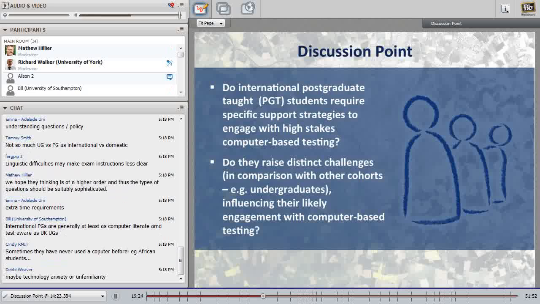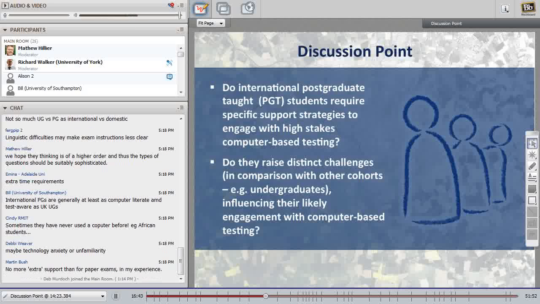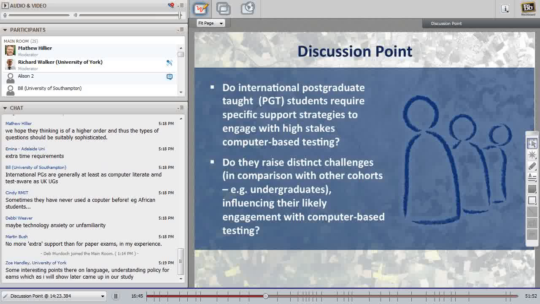The first is that in terms of the timing of our computer-based exam, we have very little lead time with our students before they go into their first exam in the first term, and they do a formative exam a few weeks in, and then they get the real exam at the beginning of the second term. So there's very little lead time to prepare them.